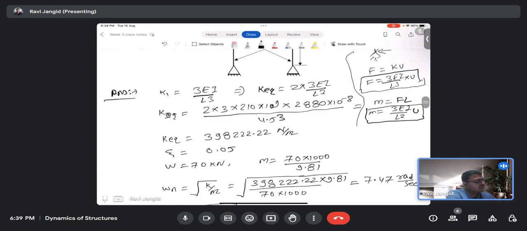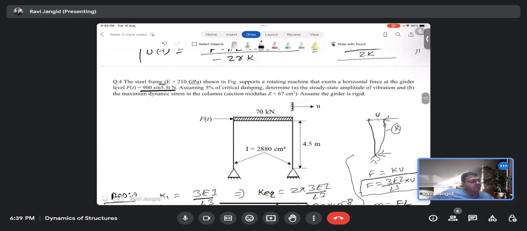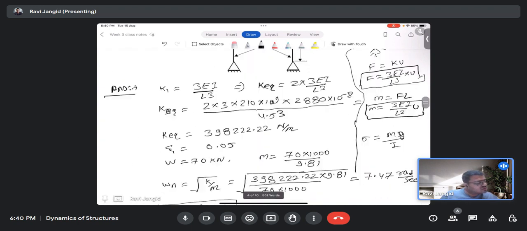Once you calculate the moment, you can calculate the stress: M over Y over I, My over I. Can you find out the stress, where I is given to you? At the same time, you can directly use the section modulus Z to find the stress.